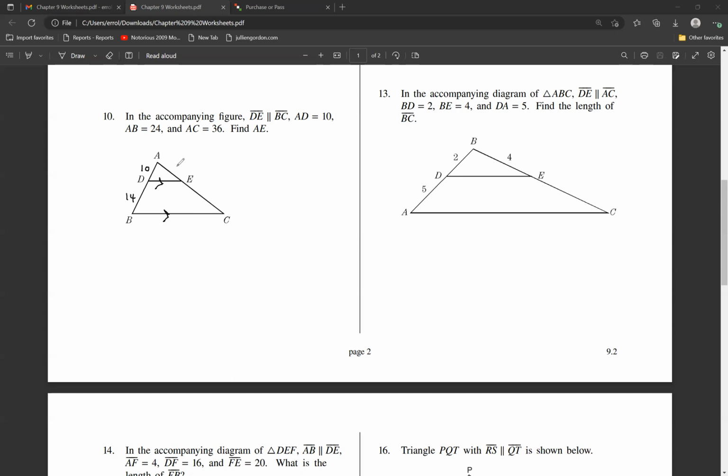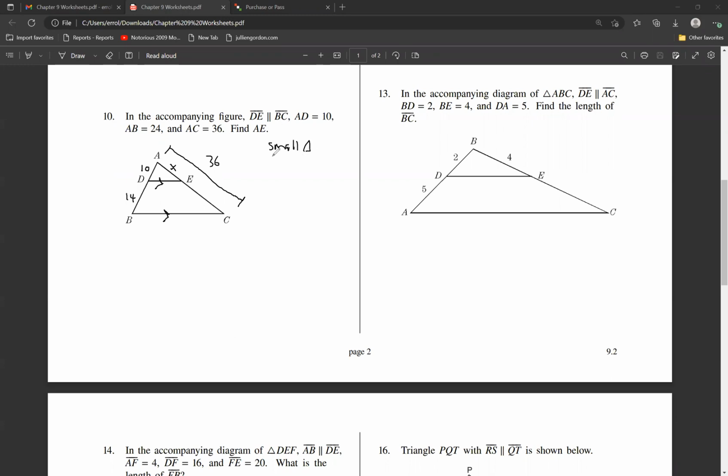And AC is 36. They're saying this whole distance right here is 36. The whole thing. And they're asking you to find AE, which is this little bit right there. Set up the small triangle over the big triangle. Write the small triangle on top, the big one on the bottom.